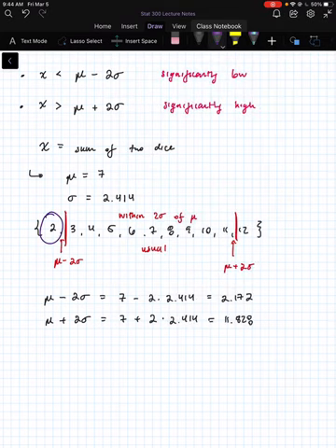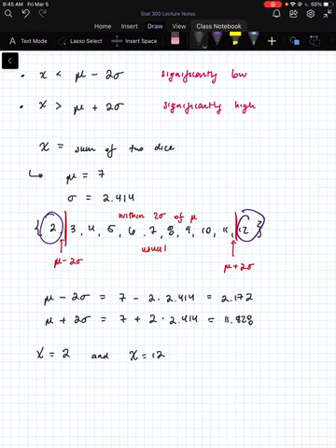But 2 and 12 are correspondingly lower than and higher than 2 standard deviations away from the mean. So our significant values here, x equals 2 and x equals 12, are significant. And according to these calculations, these values are going to be most likely to be in the tails of the distribution, so the far left and the far right.